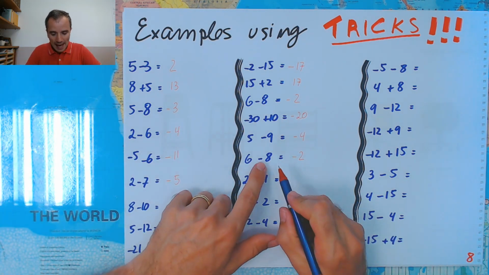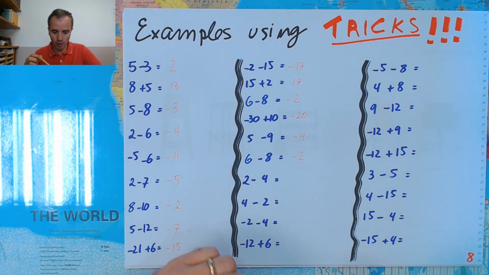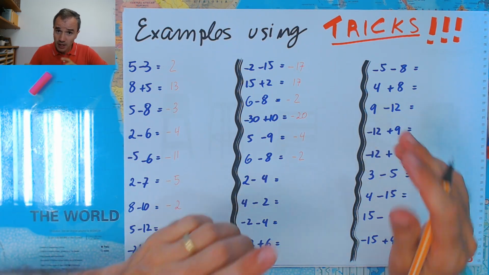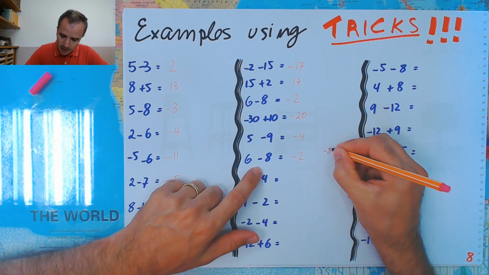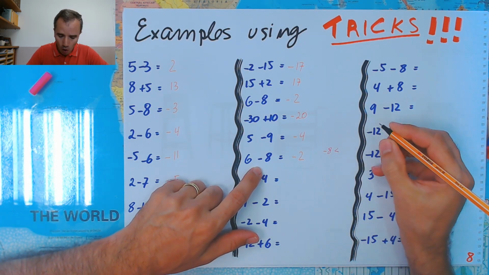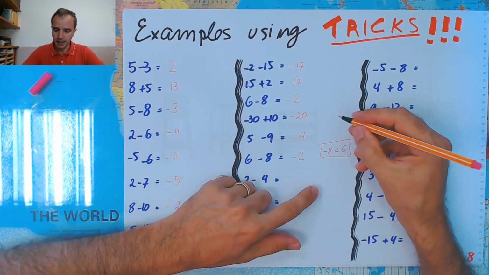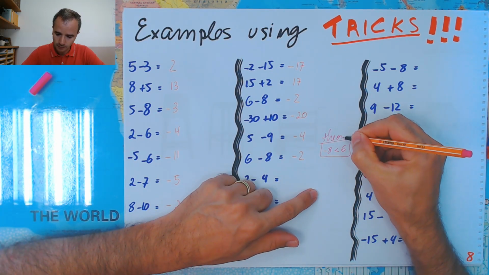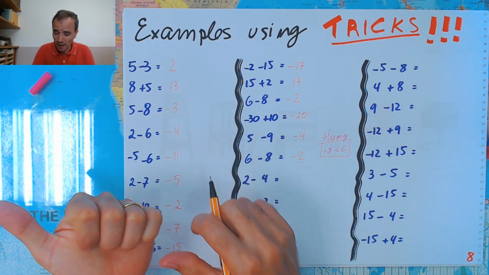Again, 8. Let's just pay attention here, because this is important. If we do it strictly, minus 8 is smaller than 6. This is theory. Why? Because minus 8 is more to the left than 6.